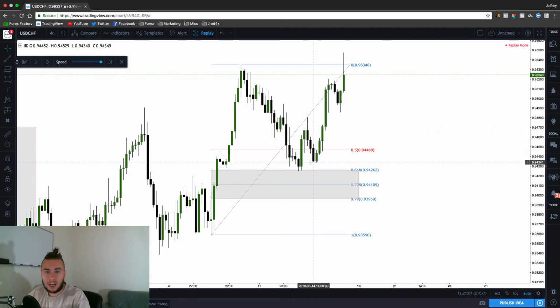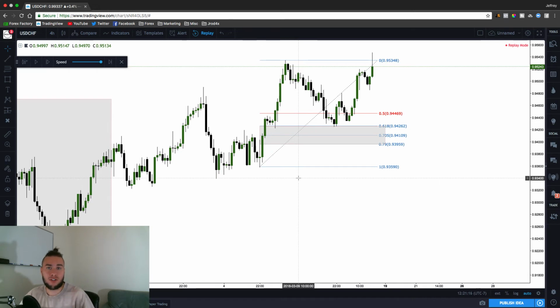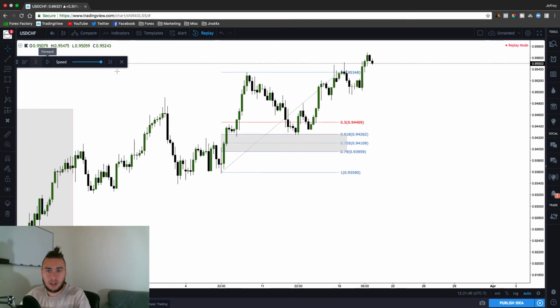But the thing is, I usually always want to enter as soon as it touches 61.8, 70.5, and 79 if I've already had a break of structure. So that's the key thing to make sure that you're looking for. Make sure you have the break of structure. If you don't have a break of structure, you're not going to get an accurate entry as if you did have a break in structure. If you do, notice this precision. 61.8 hit, look at what the market does.